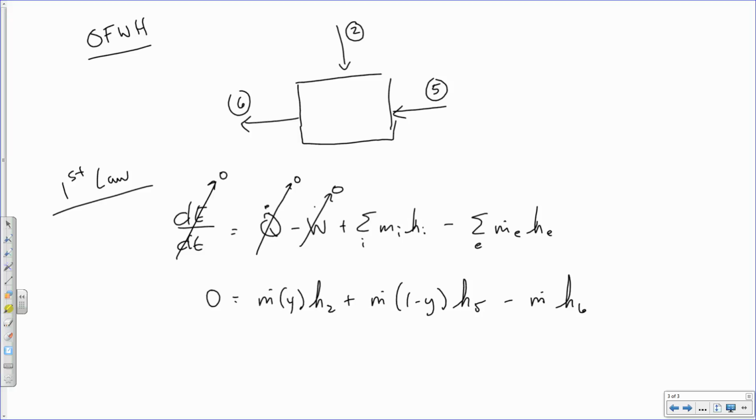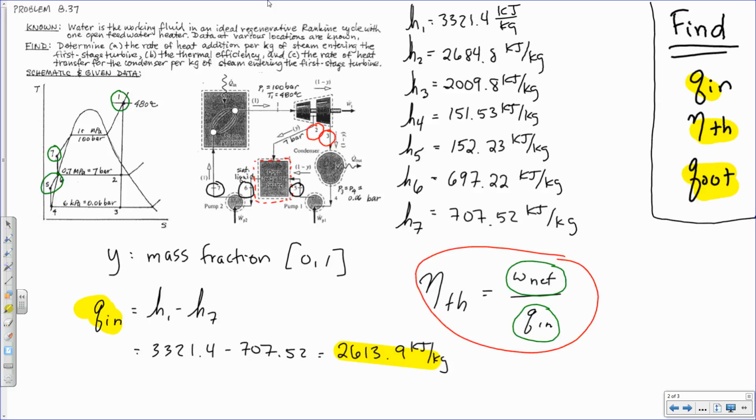Now, how come we had to factor in these Y's and 1 minus Y's that appear here and here? Well, it all comes back down to our diagram. We've siphoned off at states 2 and state 3 a fraction of the total mass flow rate. So whatever passes through state 2 from the outlet of the turbine, that mass flow rate must remain constant until it enters the open feed water heater here.